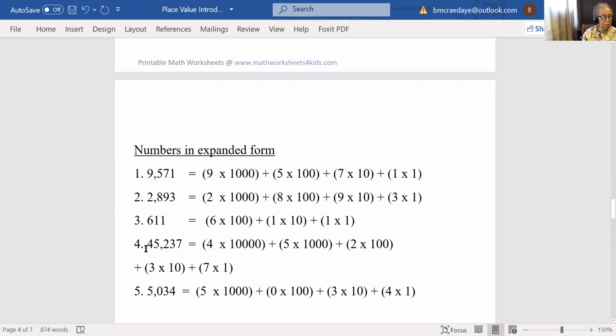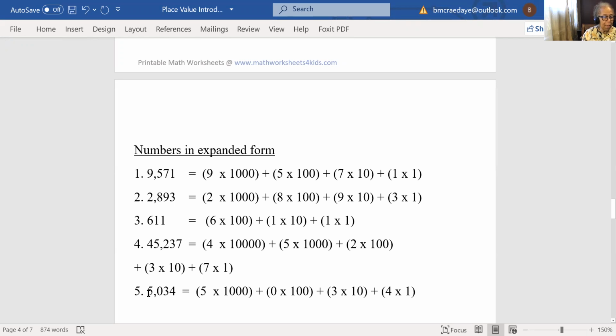Okay, let's look at number 4. In words, 45,237. So you have 4 times 10,000, which is 40,000, plus the 5 in the thousands place, times 1,000, plus 2 times 100, plus 3 times 10, plus 7 times 1.